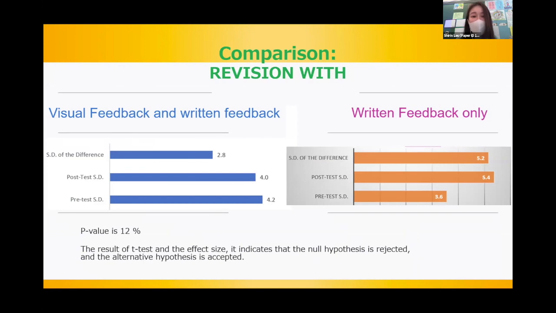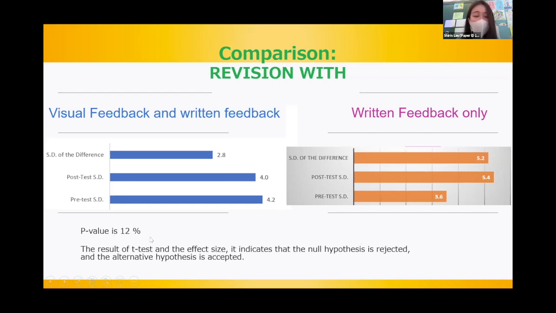So these are some statistics for the study. We can see that the students who received visual feedback and written feedback in tandem had a post-test standard deviation of 4, besides the students who received only written feedback, 5.4.